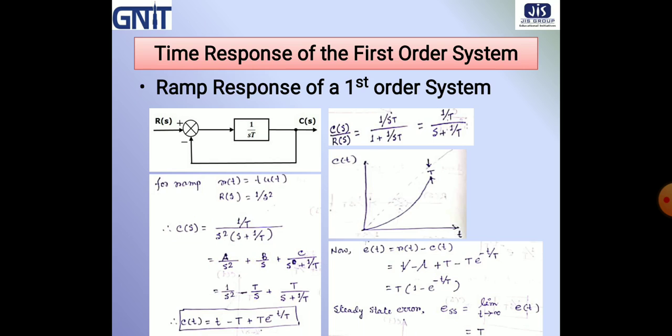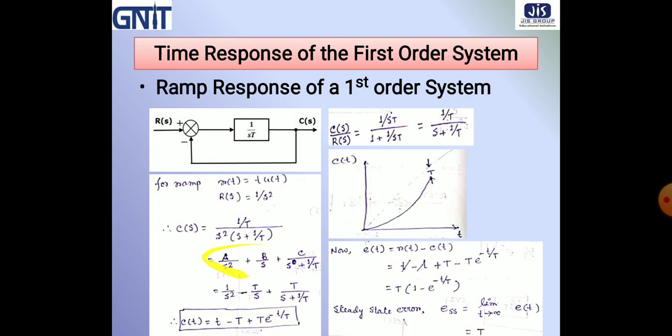Okay, so if we want to calculate the ramp response, then we have to apply inverse Laplace transform. For this equation, we have to apply the partial fraction method first.